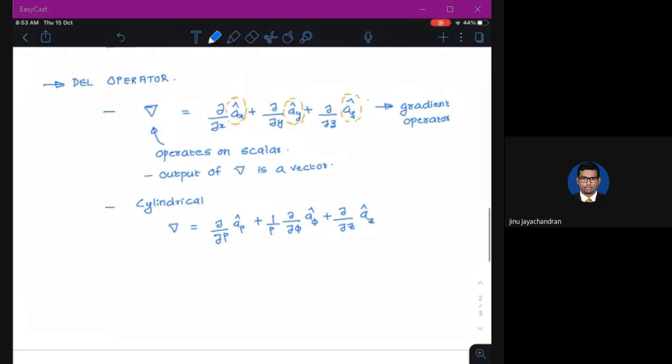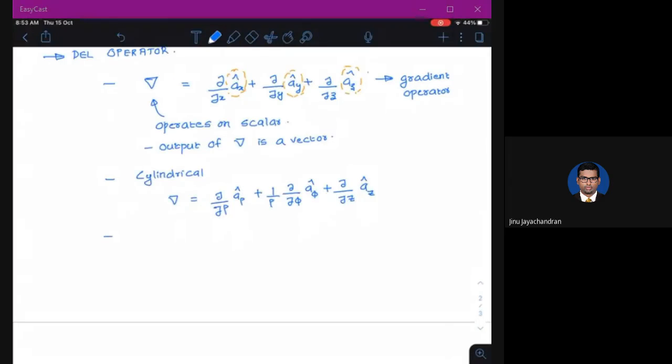So make sure you understand what the operator in cylindrical coordinate system is. Similarly, in spherical coordinate system, you define del as dou by dou r ar cap plus, sorry, 1 by r dou by dou theta a theta cap plus 1 by r sin theta dou by dou phi a phi cap.